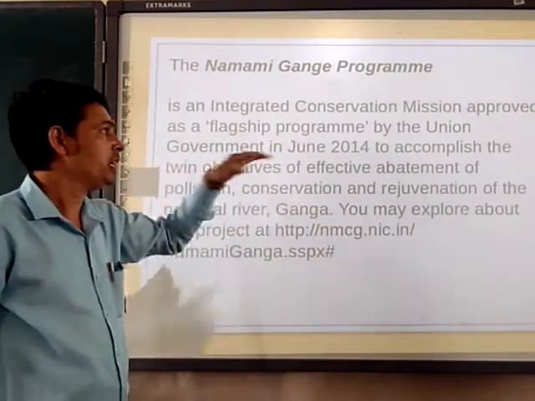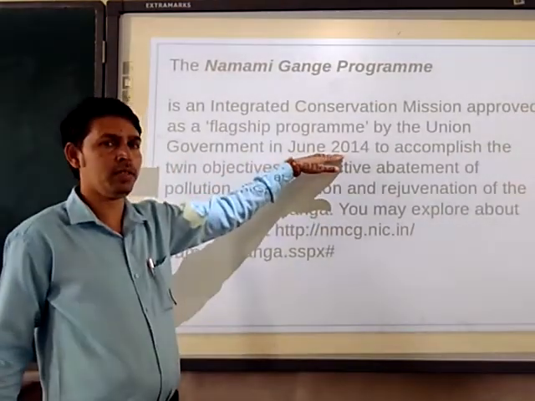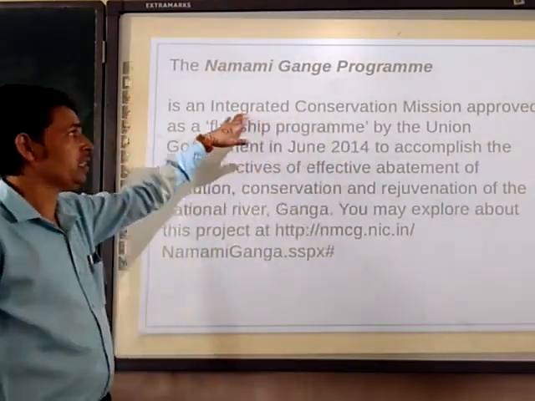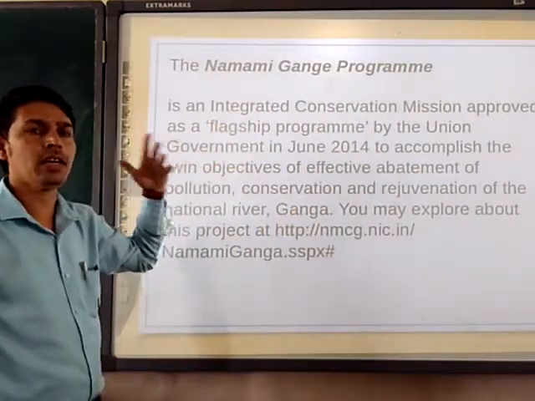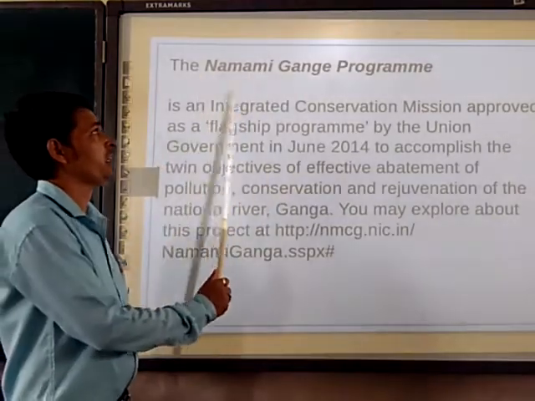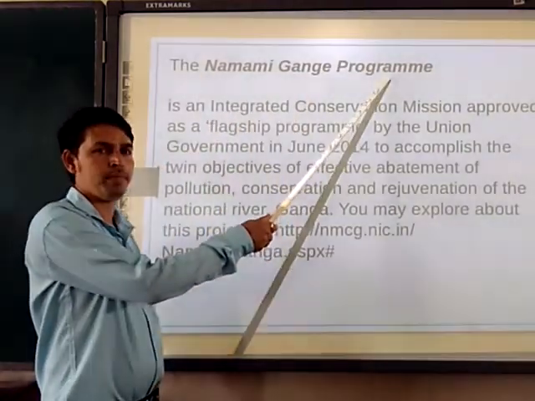So in June 2014 it was approved, right? The integrated conservation mission for which river? Ganga. And the name was placed as Namami Gange program.